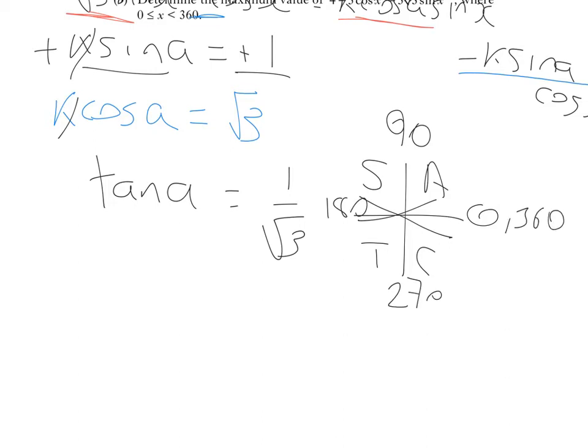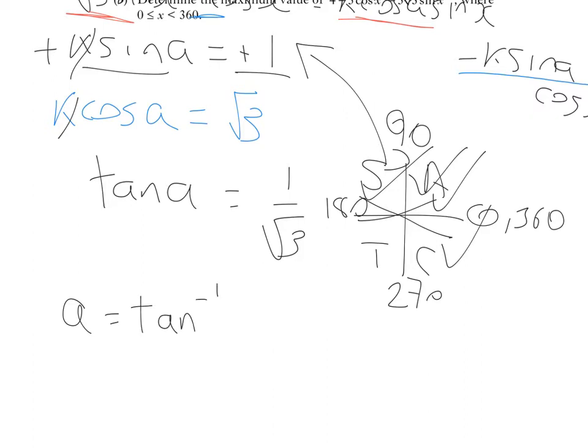And sine's positive, so I'm in on sine, and cos is positive, I'm in on cos. I actually should have done that bit up there, but I've got 2 ticks in all quadrants, so that's where I am. So a equals tan inverse 1 over root 3, and my angle there, it's an exact value, that's 30 degrees.